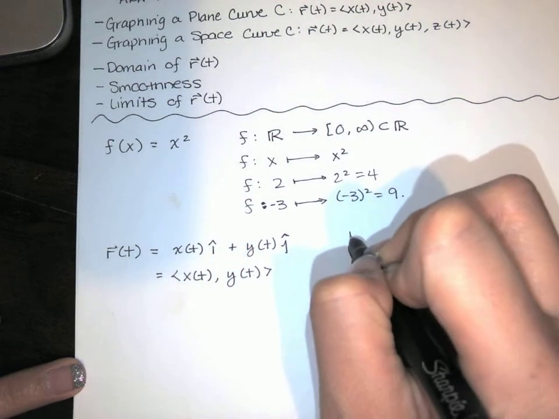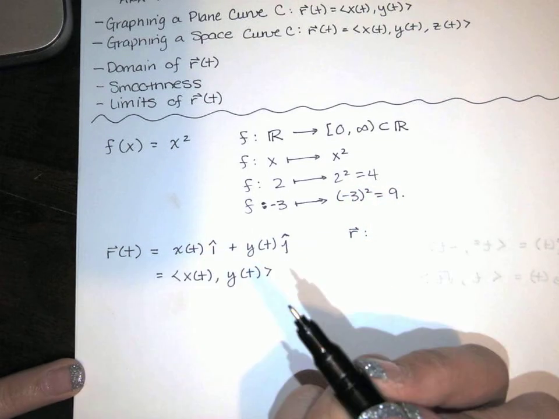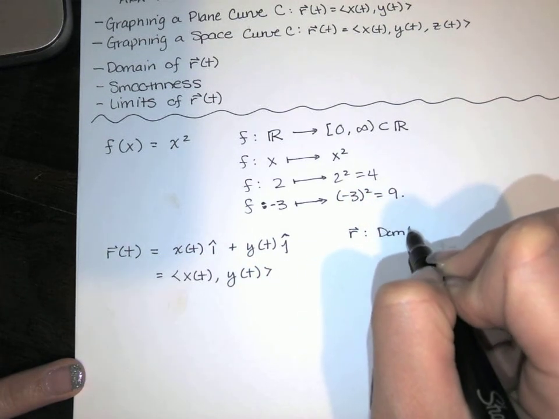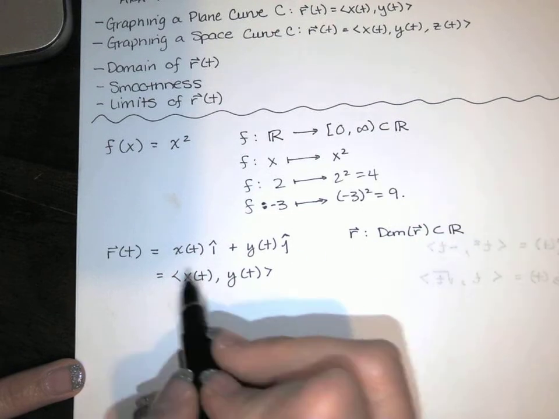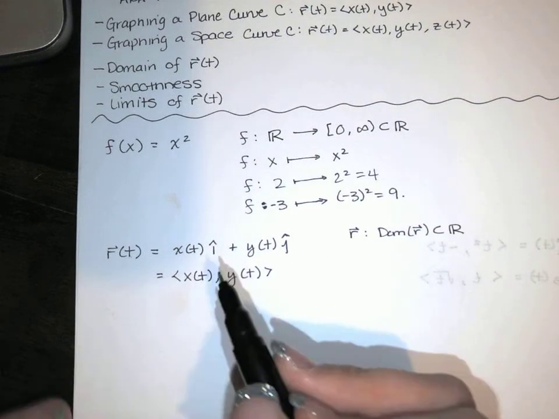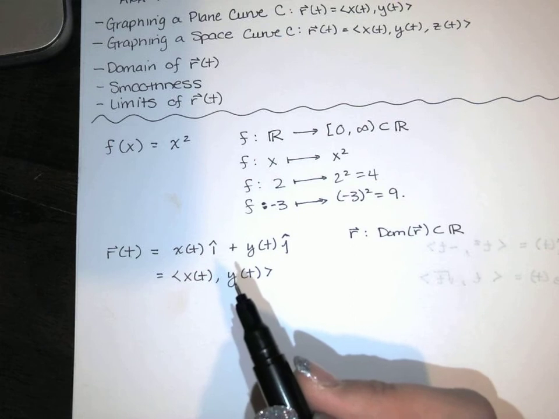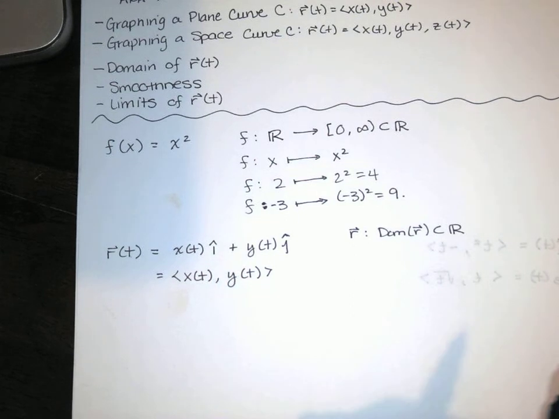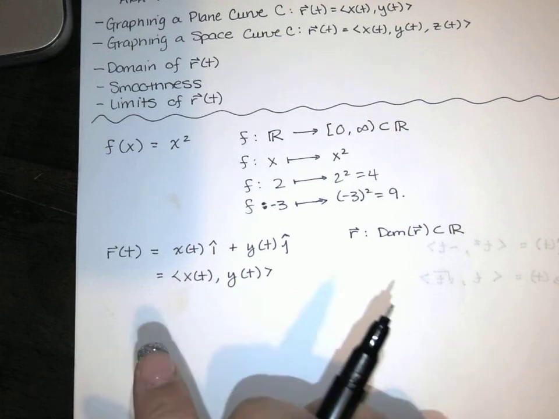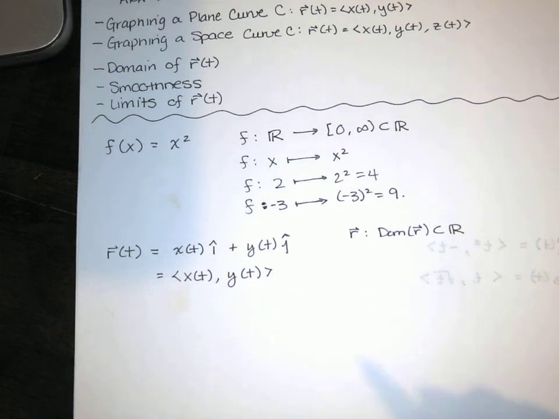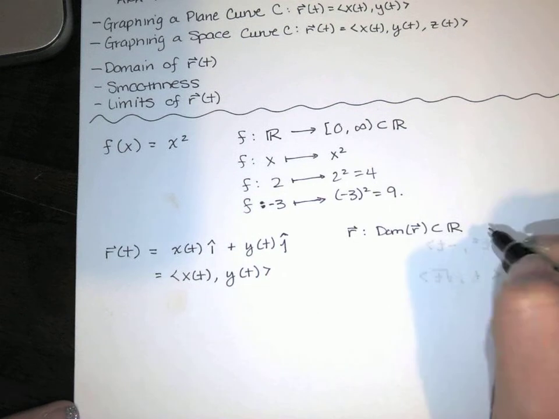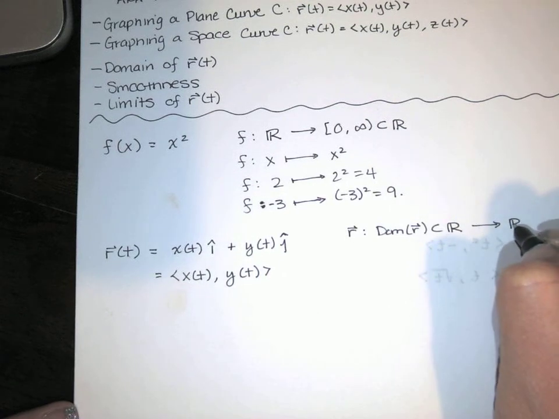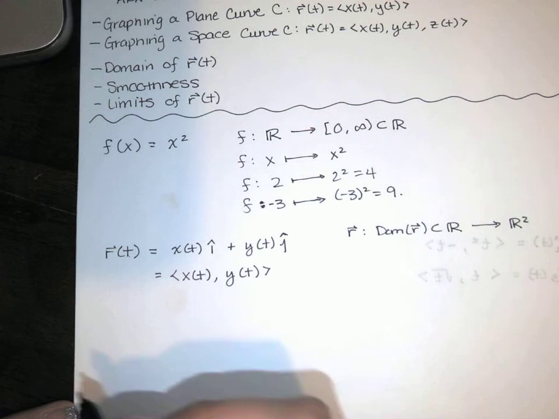What this is doing is it's taking a real number t from the domain of r, which is just some subset of the real line, and it's mapping it to a vector in two-dimensional space. Now we're not going to think of it as mapping to the entire vector, but as mapping to an output, a single point, x of t, y of t. So if we're just looking at the end point of this vector, this is mapping to 2D.